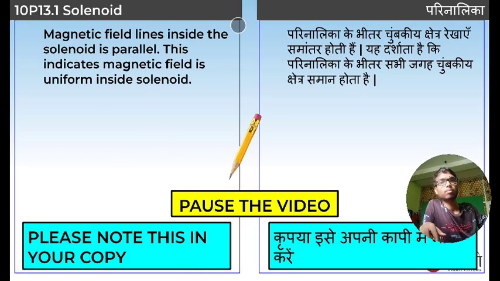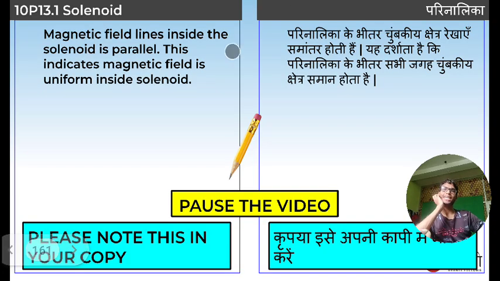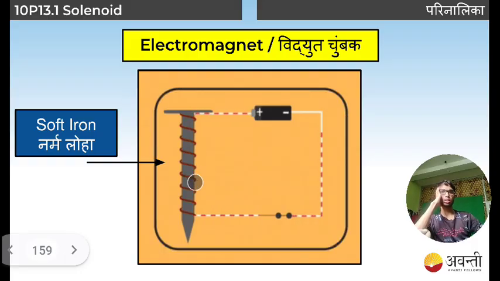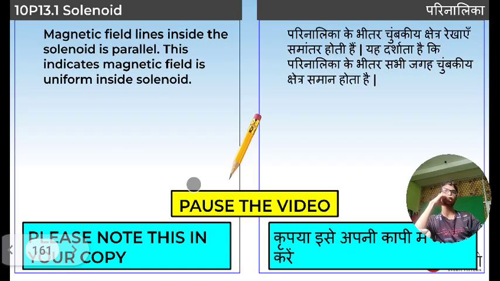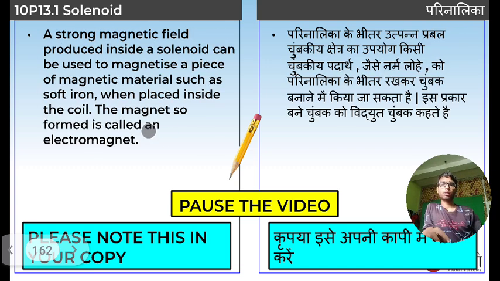Magnetic field lines inside the solenoid are parallel. This indicates the magnetic field is uniform inside the solenoid. A strong magnetic field produced inside a solenoid can be used to magnetize a piece of magnetic material such as soft iron. When placed inside the coil, the magnet so formed is called an electromagnet.